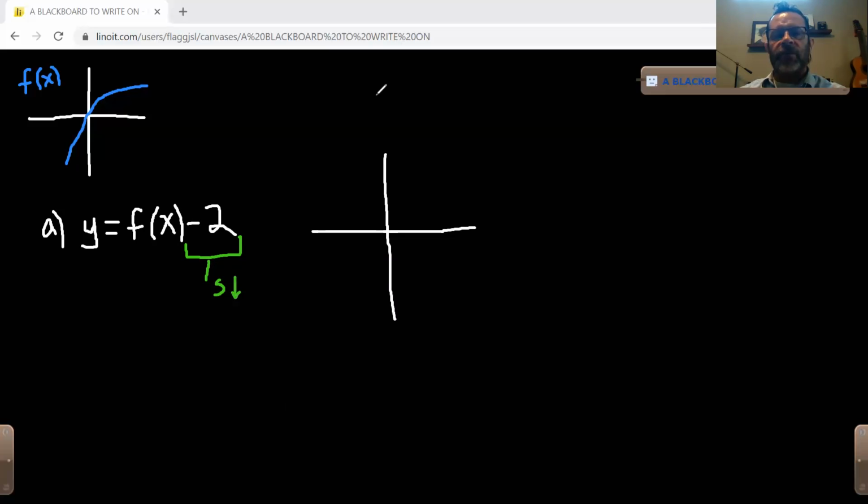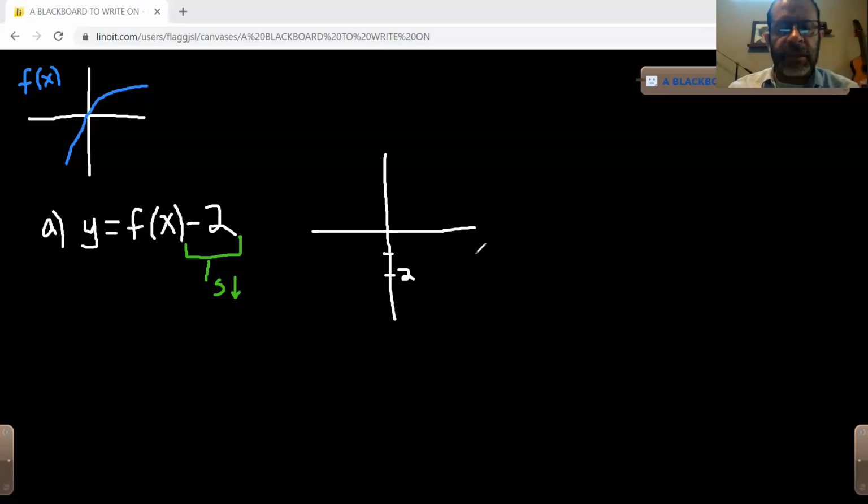If it's a shift downwards 2 units, like Diego mentioned, that means 1, 2. Now the new graph, remember that we always take a reference, the reference is going to be the origin. So now the graph is going to go through here, kind of like that.